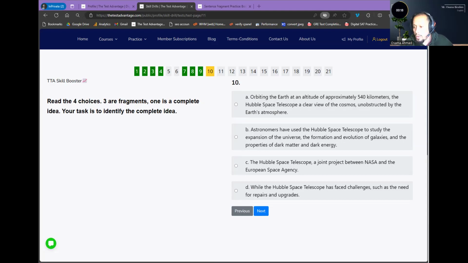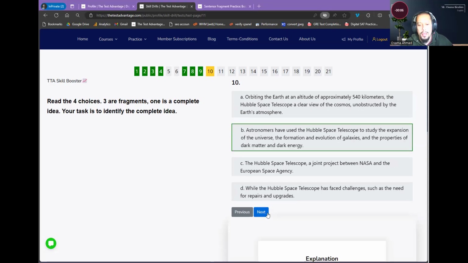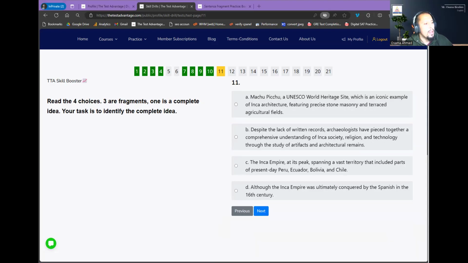Okay, Anas, okay, Carlos, Shaza, Omar, Layan, waiting on you, Hania. Five seconds, Hania. Hania, very good job. Answer B. Let's go to number 11. Again, identify the complete idea.